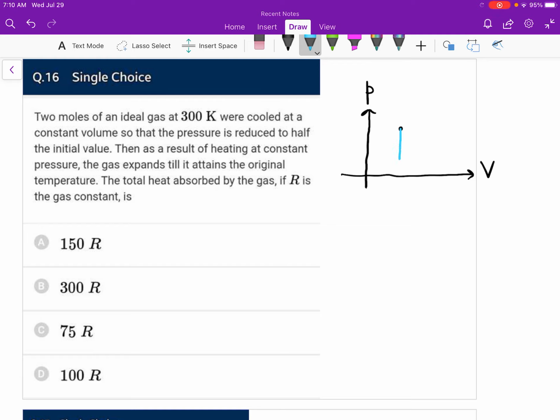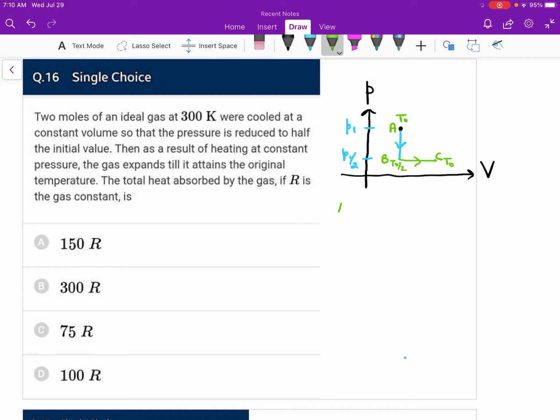So P1 by 2, and then it is heated at constant pressure so that temperature becomes the same. So here temperature is T0, here temperature is T0 by 2, and here temperature is again T0. So from A to B and then from B to C.